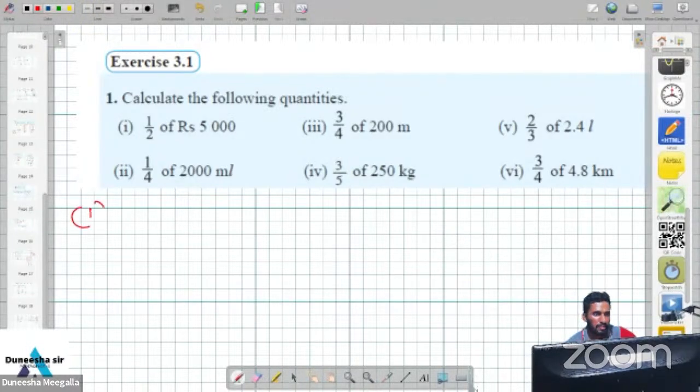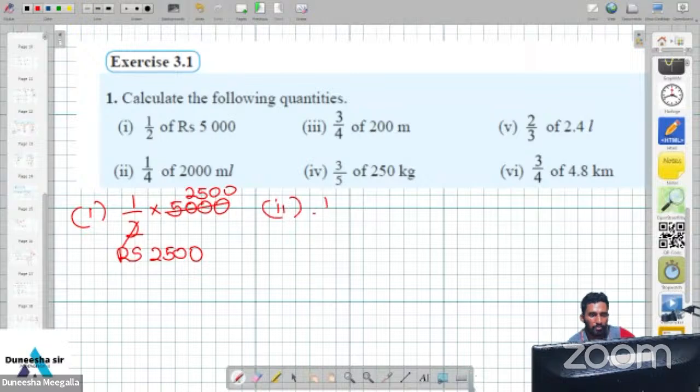What is the first one is 1 over 2 multiplied by 5,000. How much? The answer is 2,500 rupees. Okay. Then second one, 1 over 4 multiplied by 2,000.